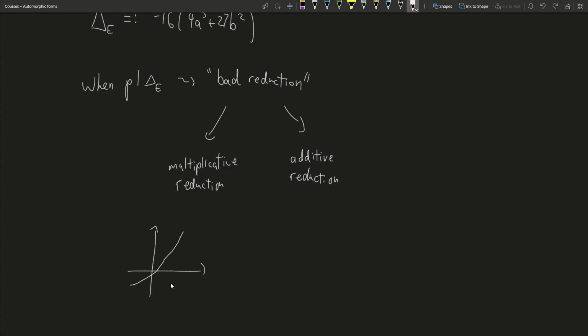So it's going to be hard to draw. You get something that looks like this, and additive reduction is a cusp. So it looks like this. And more concretely, this is the case where p divides a, and this is when p does not divide a. Again, this is all for p not equal to 2 or 3.